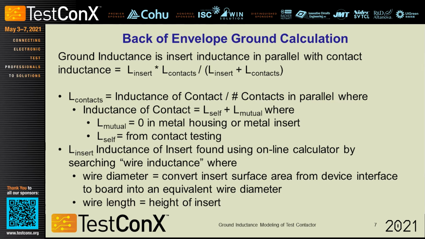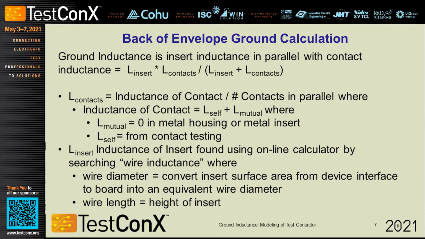The inductance of the contact is the self-inductance plus the mutual inductance, where if the contact is in a ground insert, the metal insert is at zero potential, so the mutuals are basically zero. So in a metal housing, the mutuals are zero, and all you're left with is the self-inductance.